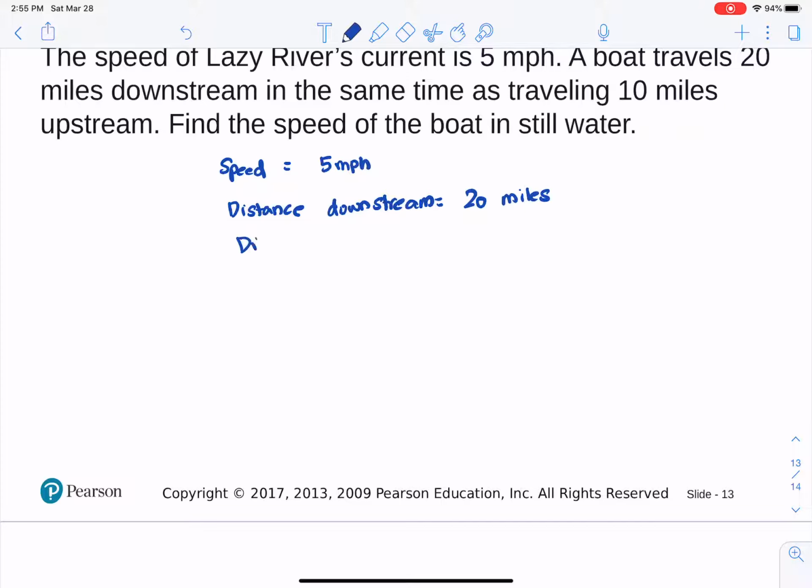The distance upstream is 10 miles. And what we know is the time of that boat is the same.